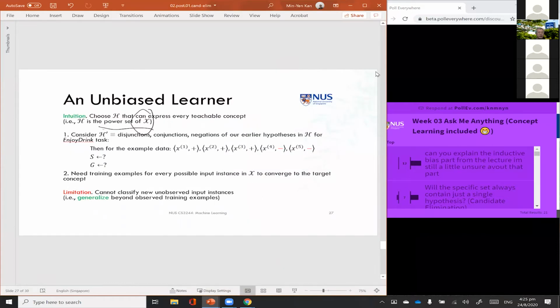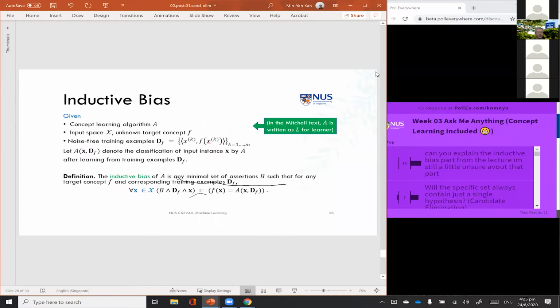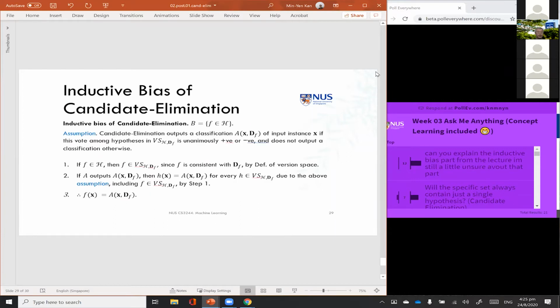Okay, so that's the general idea. Without this inductive bias, we won't be able to generalize. With the inductive bias of the candidate elimination algorithm, we are saying that from the version space, we are only able to classify instances that are unanimously declared positive or negative.